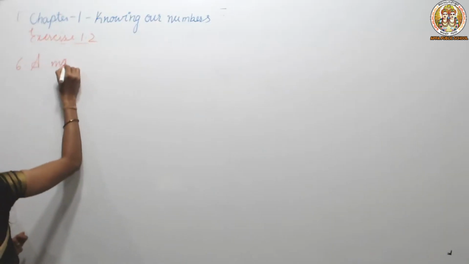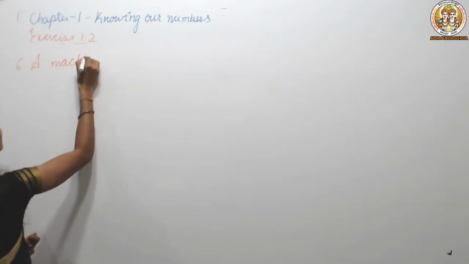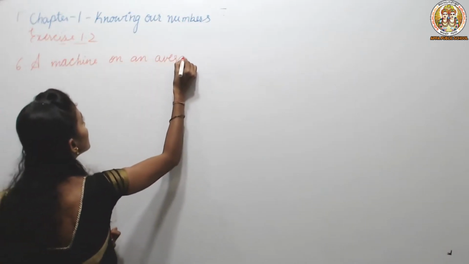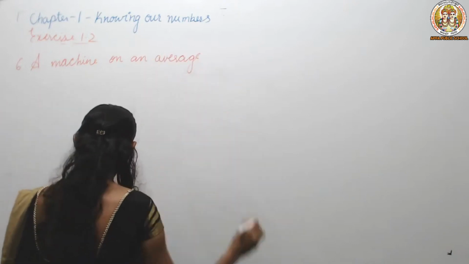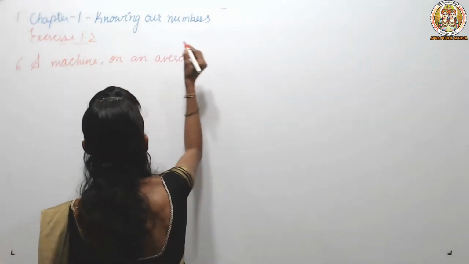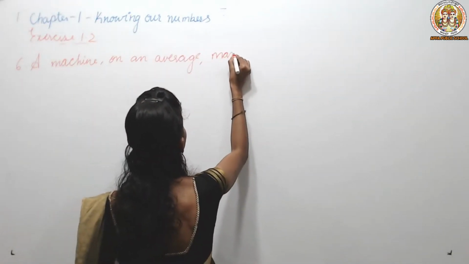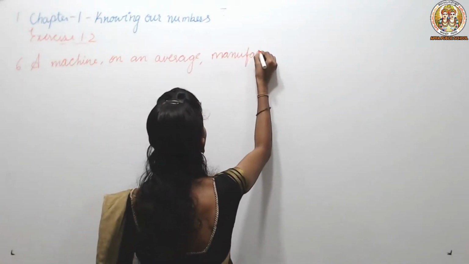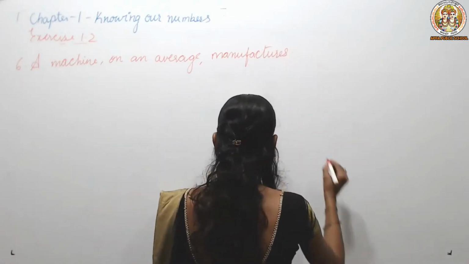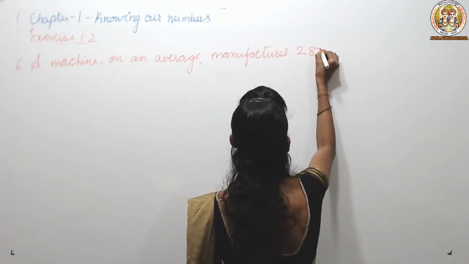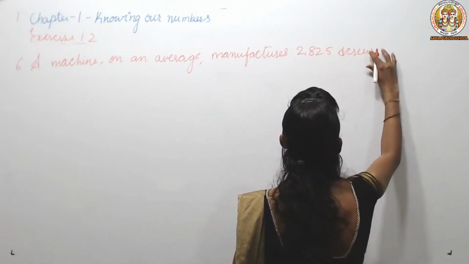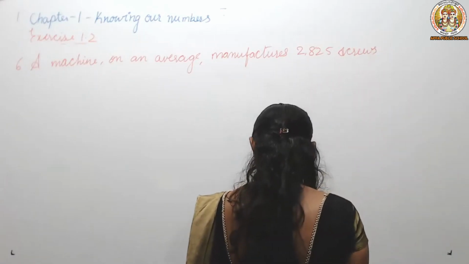A machine on an average manufactures 2,825 screws a day.